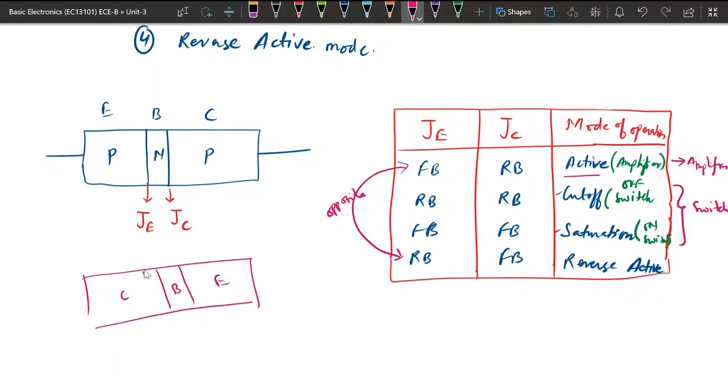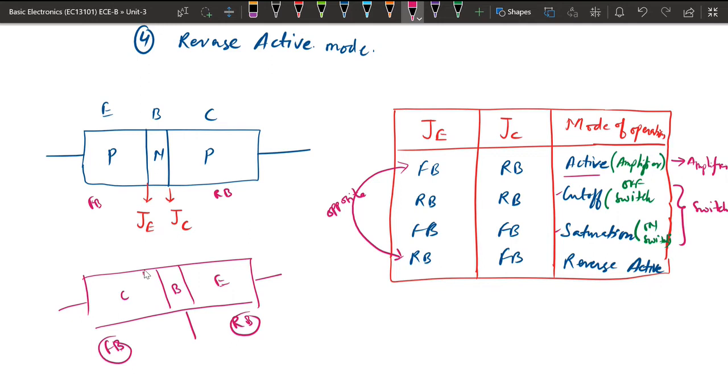We have just inverted the transistor and then made one junction forward bias and the other reverse bias. In the active one, this was the emitter and this was the collector, this region was forward bias and this was reverse bias. But we have inverted this transistor and then provided forward bias and reverse bias. So in that case it will be having transistor operation.